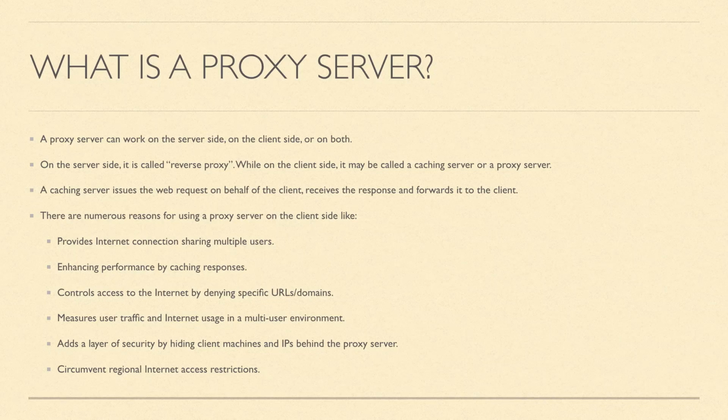So you might be vulnerable to an attack, but a proxy server places itself in front of you as a client, and it connects to the remote web server using its own IP address. So your private IP address or your client IP address is hidden. It is not shown to the remote web server or to anybody who is intercepting the connection. And if an attack happens, then the furthest point that the attacker can reach is the proxy server. And finally, it can circumvent regional internet access restrictions.